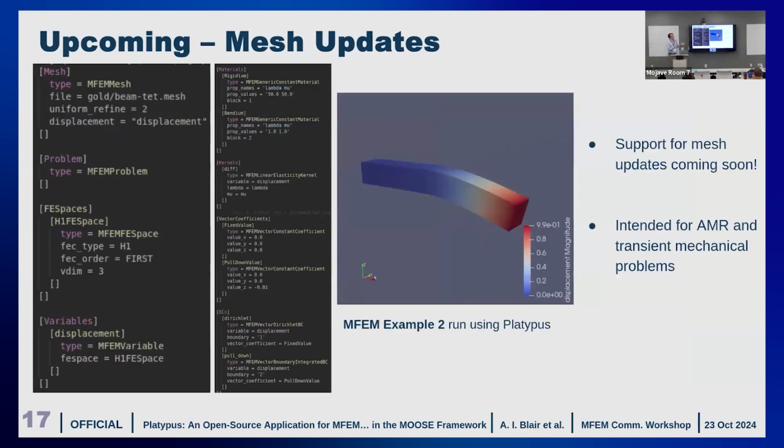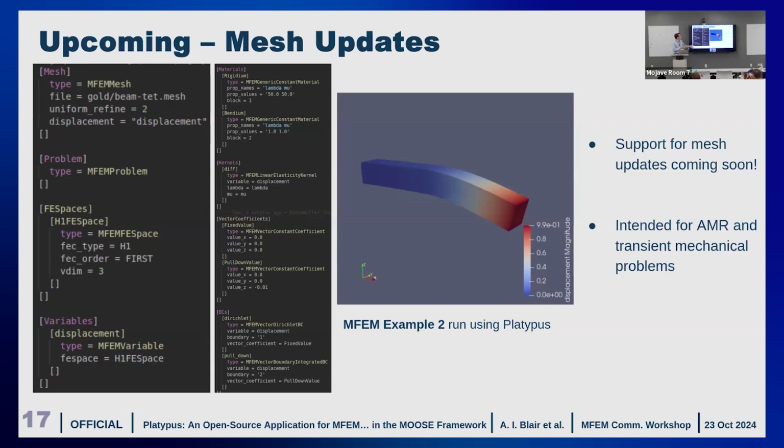Now looking to the future, the next thing on the docket is mesh updates and deformed problems and displaced problems. We currently have a PR up for a steady state case with extended transient motion problems. This is a version of appendix example 2, but from Platypus, set up in a similar way to how you would expect from Moose.